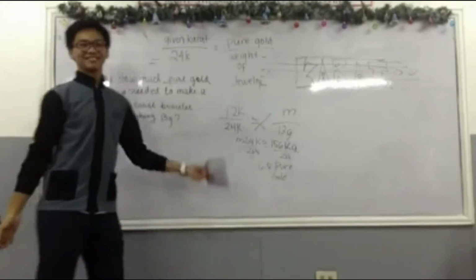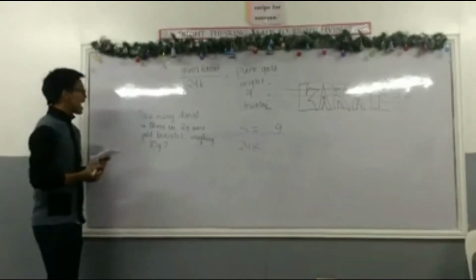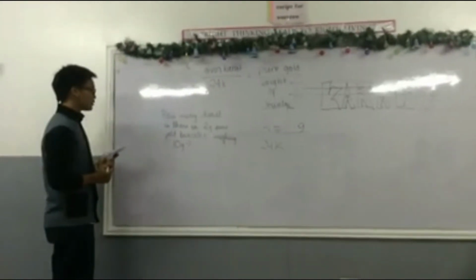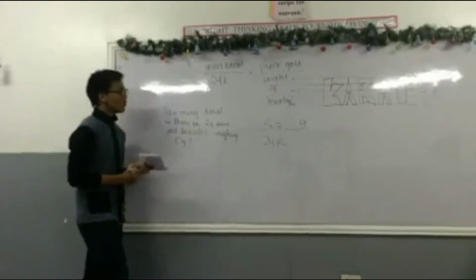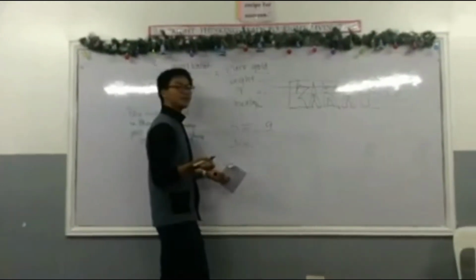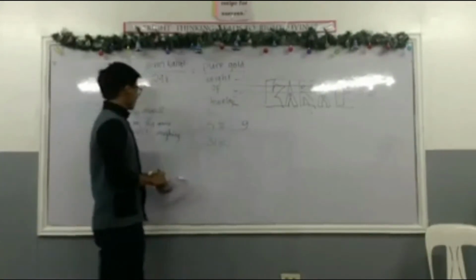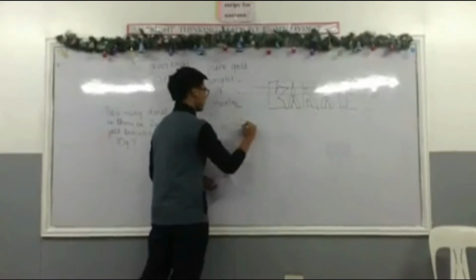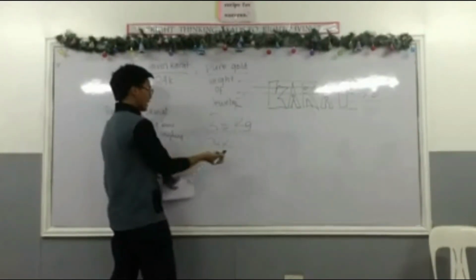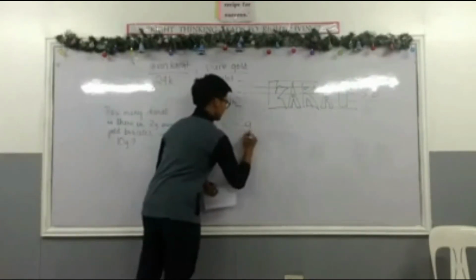Next question. For our second question: how many carat is there in a 2 grams pure gold bracelet weighing 10 grams? What is the missing part of the problem? It is carat. The pure gold that is given is 2 grams, 24K is a constant, and the bracelet is weighing 10 grams.